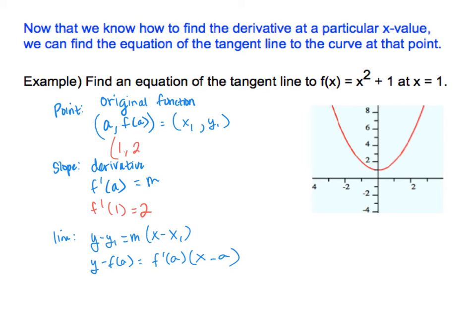So our ordered pair is 1 comma 2. So now we take both of those pieces and we put them into our line. y minus 2 equals 2 times x minus 1. And I could graph that, and it would give me exactly this line. Okay.